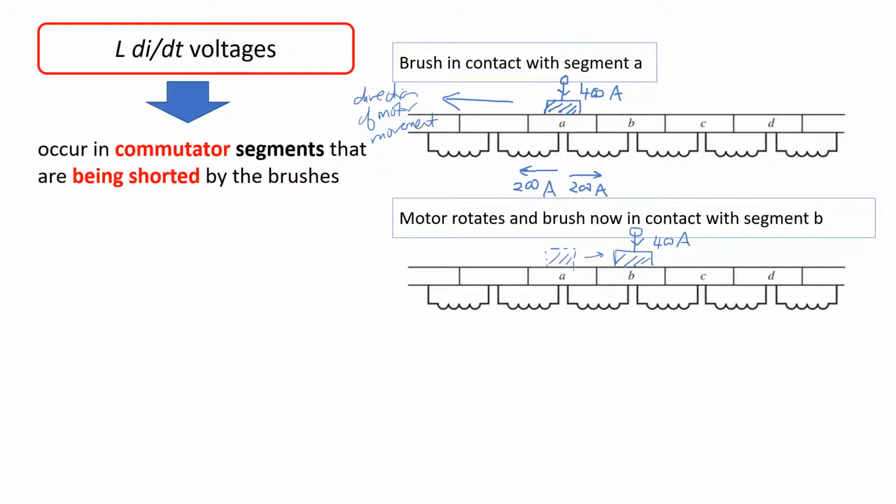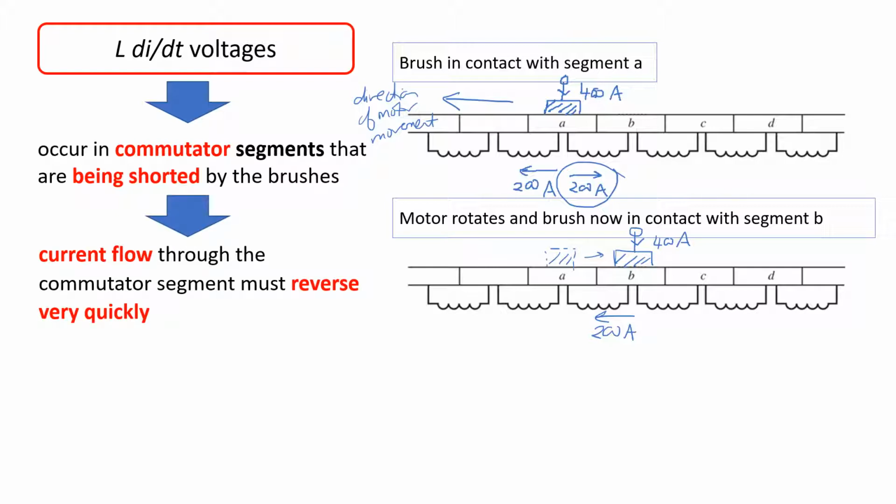The current in the coil connected to commutator B was initially 200 amperes to the right, but due to the movement of the brush, the current is now 200 amperes to the left. So the current flow through the commutator segment has reversed.